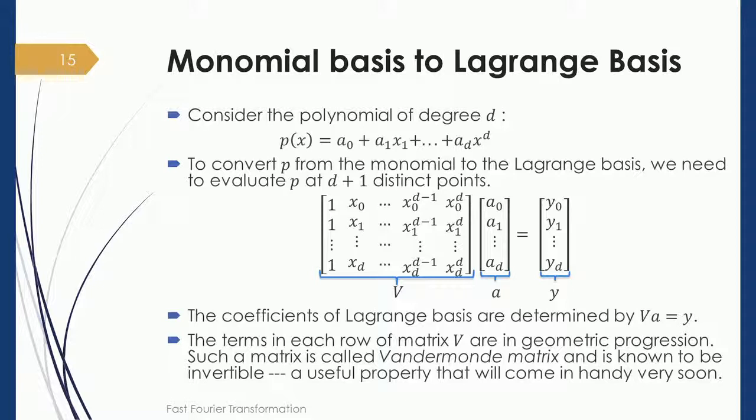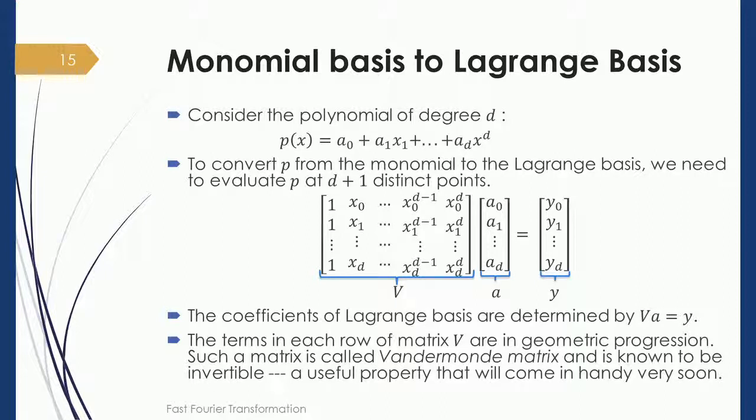This matrix has a very nice property. If you look at any of the rows, the terms form a geometric progression, and such matrices are called Vandermonde matrices, and they are very useful because they are known to be invertible.